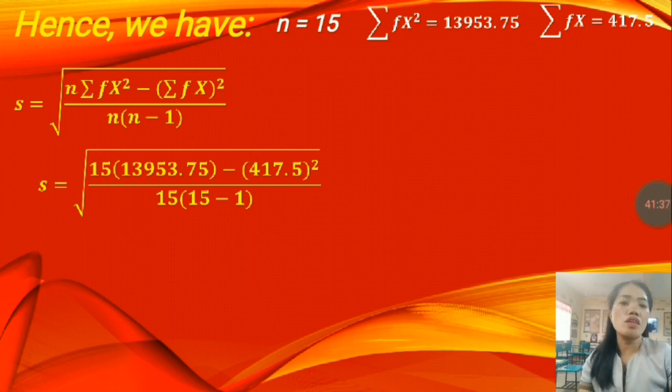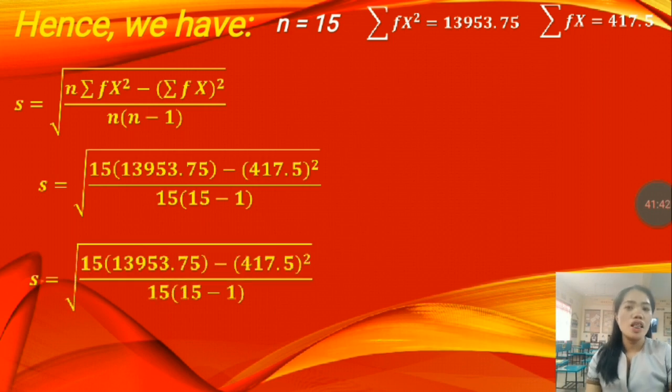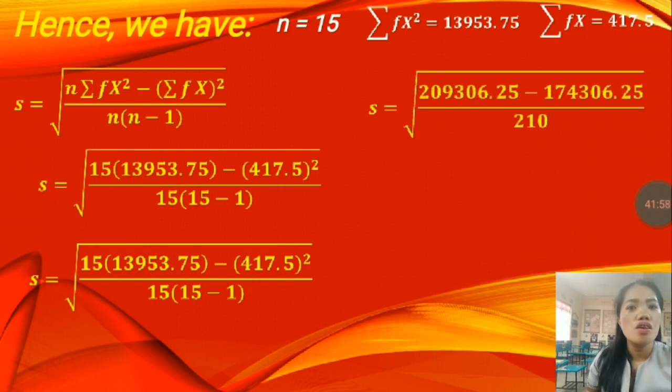Then you substitute that for our value for n. So you have 15 times the quantity of 15 minus 1. Then you have square root of 15 times, okay, so we just simply copy the first one. Let's proceed. So that is 15 times 13,953.75. That will give us 209,306.25.